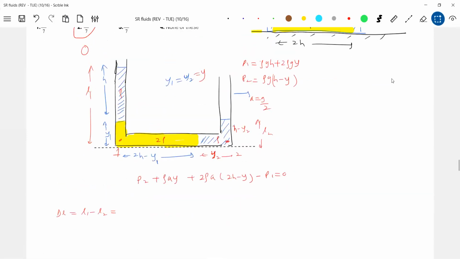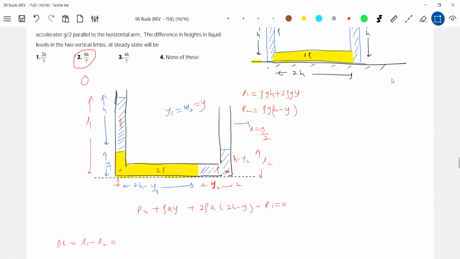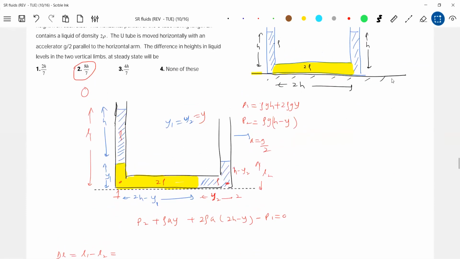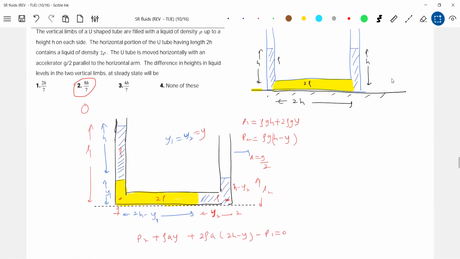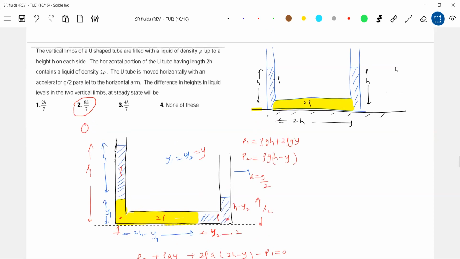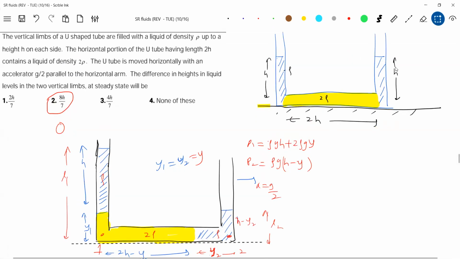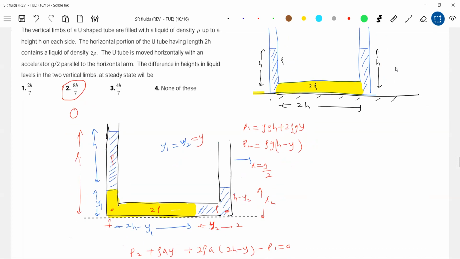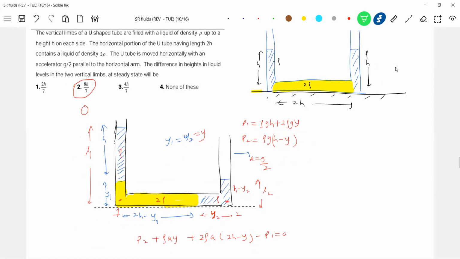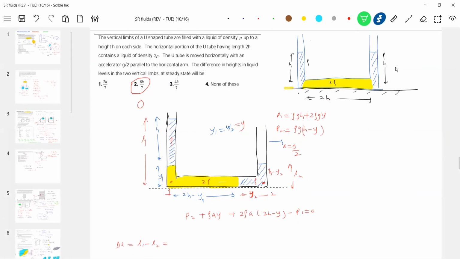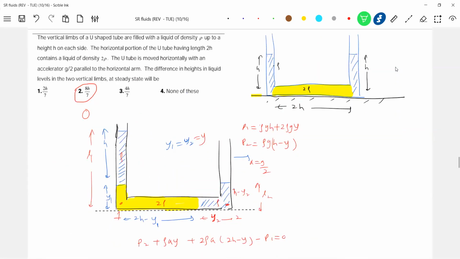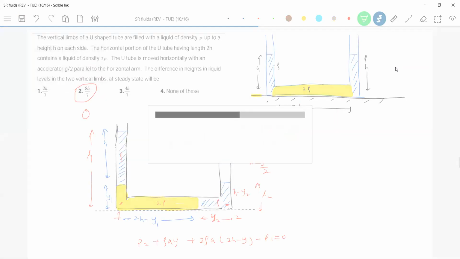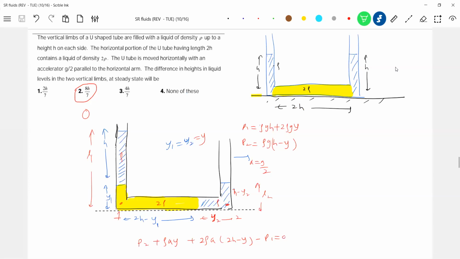Okay, able to see it completely? Read it now. These are very popular, can be asked in advance, can be asked in mains also.